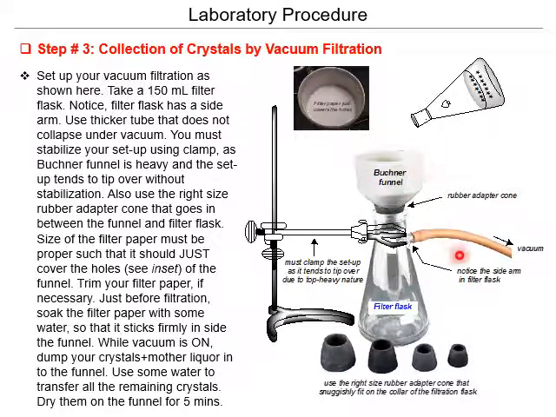You can use the vacuum system of your workstation and filter your solution. You will have the benzoic acid crystals on the filter paper. You can wait around 5 minutes and let the filtration system dry your solid.